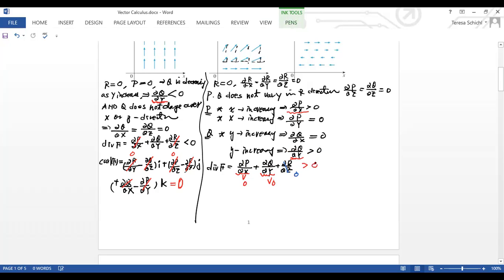So the whole divergence of F is greater than 0. So we know this is a divergence here, correct?